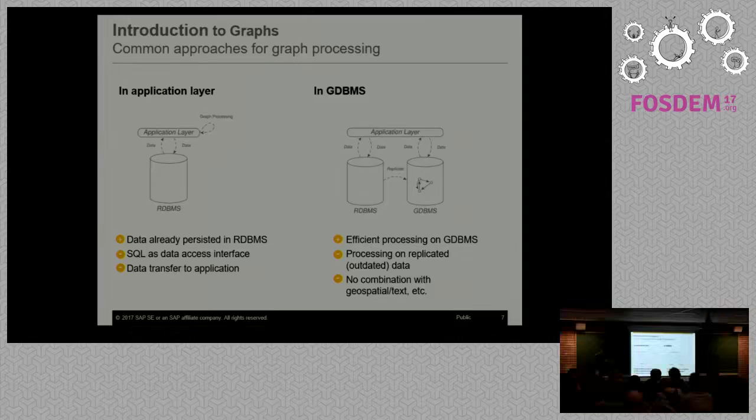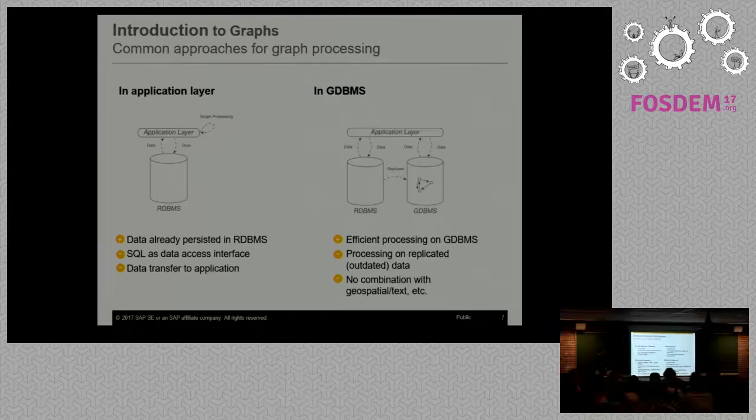But this also has disadvantages. Usually you have to replicate your data from the database into the graph database, and you cannot combine it with different features that are already in the usual database. So it's not clear in any case if you just want to replicate the graph data or the graph data with some attributes, because you also want to process additional attributes.